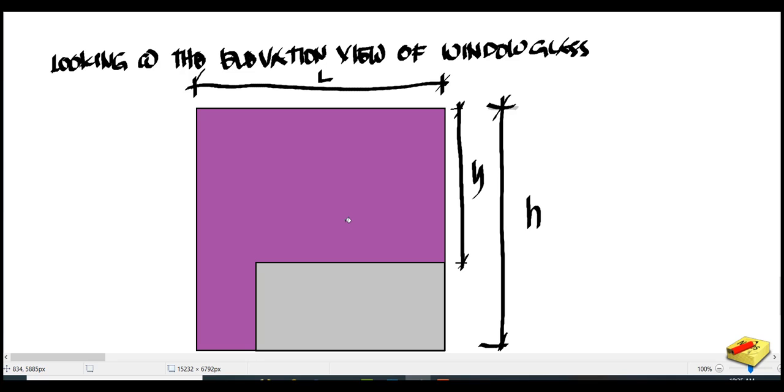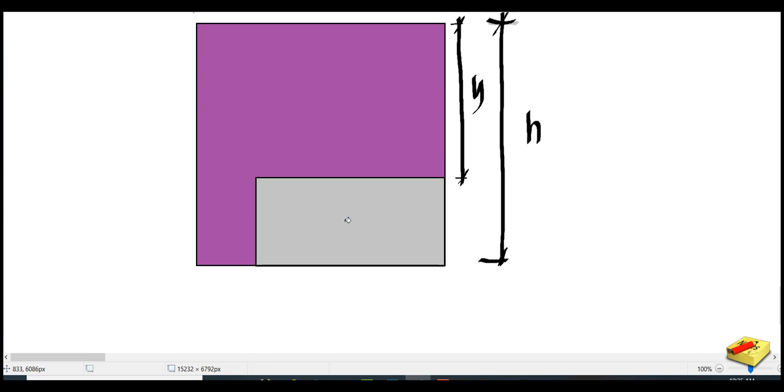Same color now. So this is the portion that is exposed to the sun. We have the sunlit area covered by the projection of the sun.